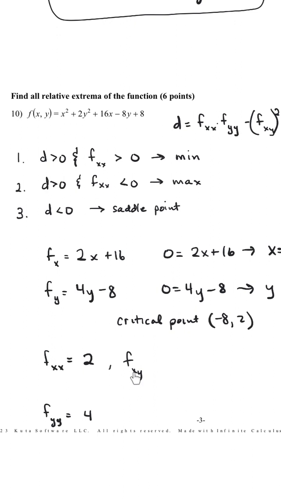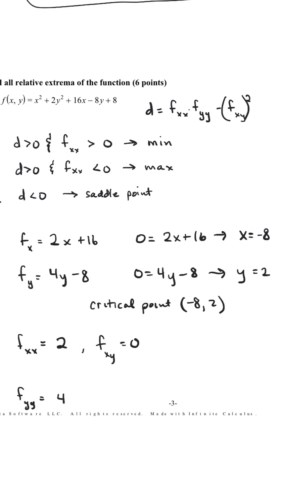First we take a partial derivative with respect to x, and then with respect to y. Both terms are going to be 0, so 0 plus 0 equals 0. So now we can use the formula for d. That's 2 times 4 minus 0 squared, which is equal to 8.